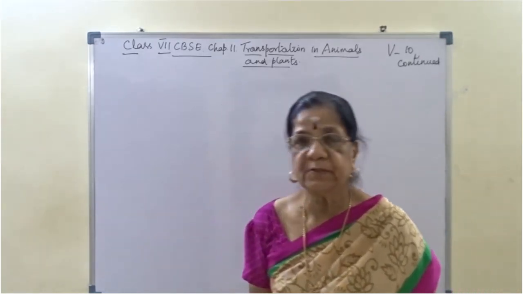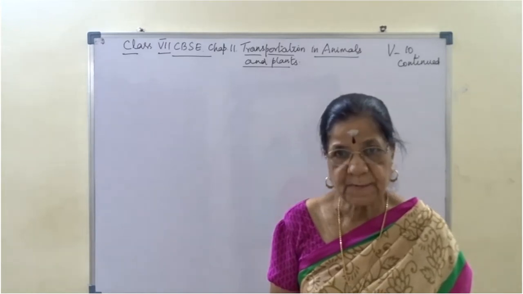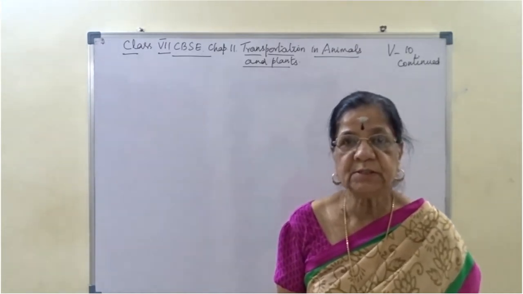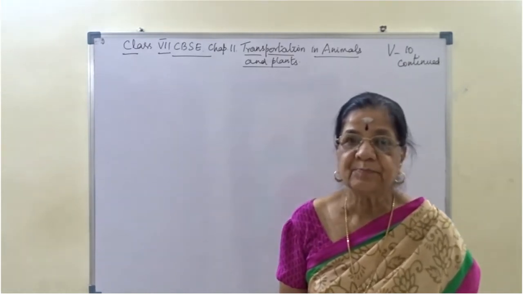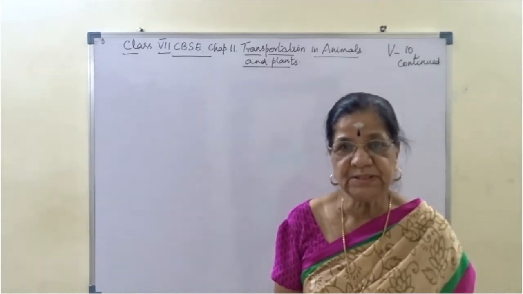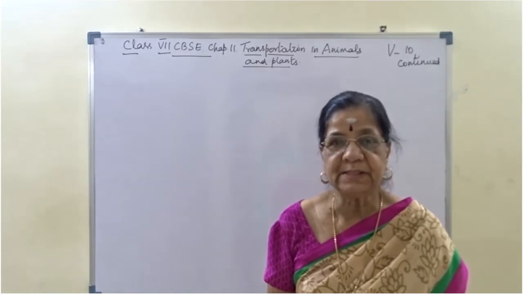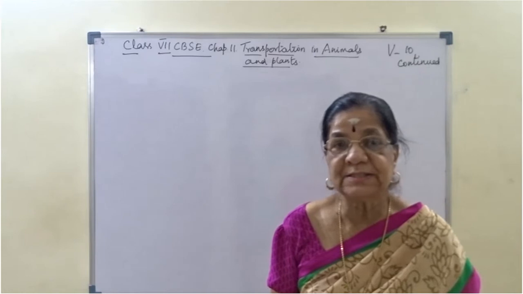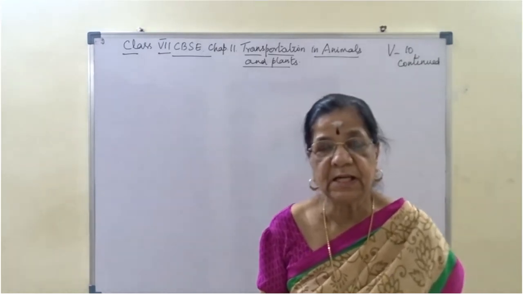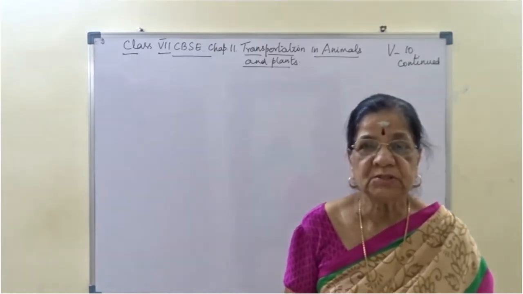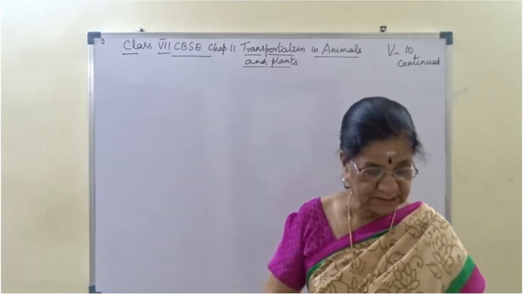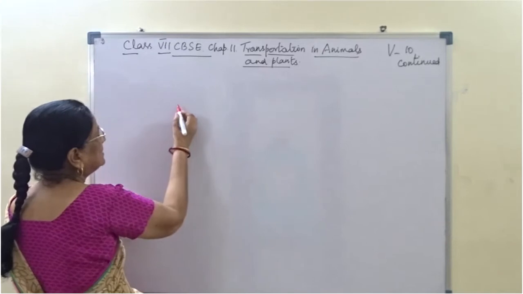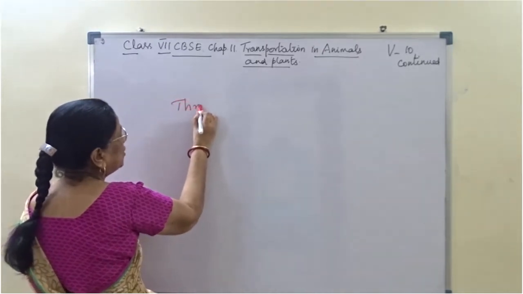Composition of blood: plasma, the fluid portion, and solid corpuscles as RBC, WBC and blood platelets. RBC is also known as erythrocytes, WBC is also known as leukocytes, and blood platelets are also known as thrombocytes.